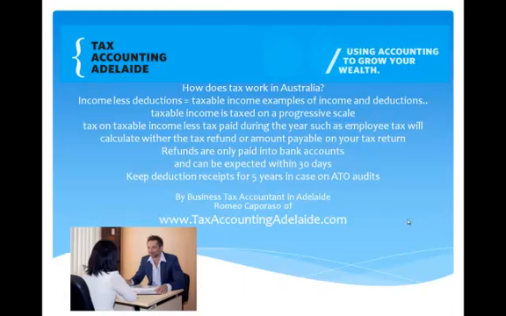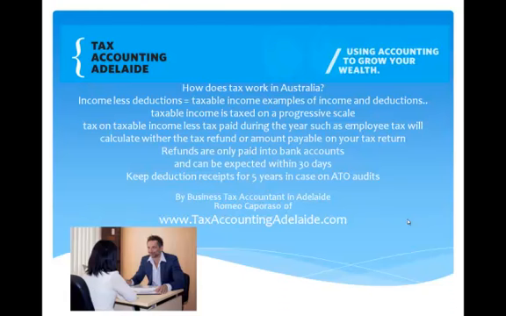Our tax system works on a simple formula: income less deductions, which gives what the Tax Office calls taxable income. This taxable income is then taxed at progressive tax scales.